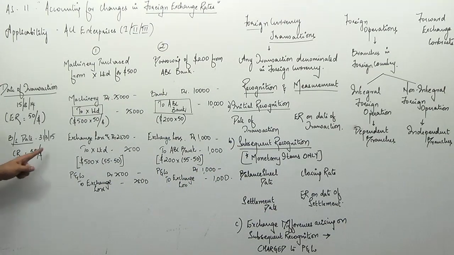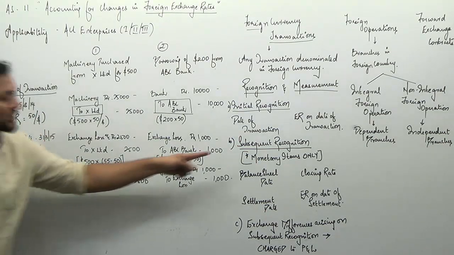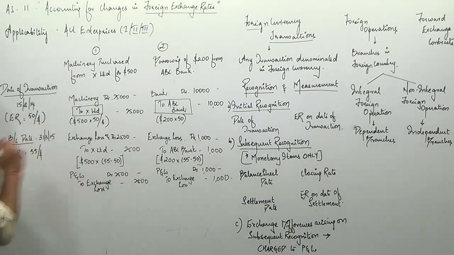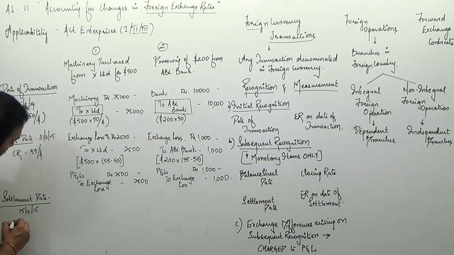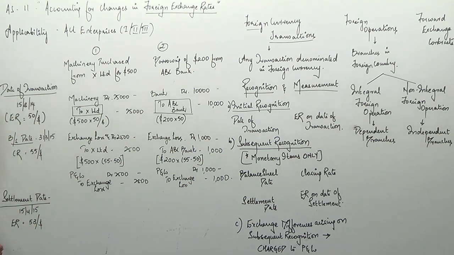Am I settling the transaction on 31st March? No. My settlement date is also a subsequent recognition. Let's say the transaction was settled. My settlement date, let's say, was on 15th of April 2015, when the exchange rate on date of settlement was 53 rupees per dollar.